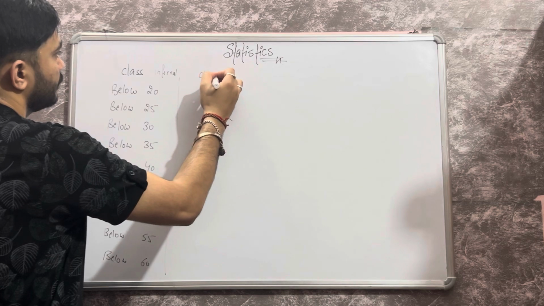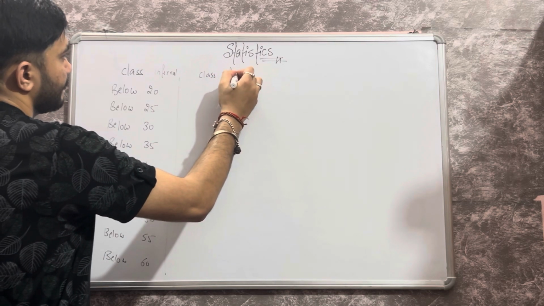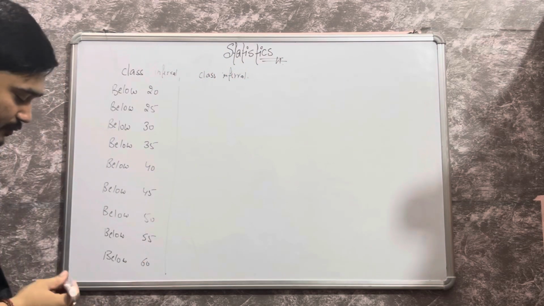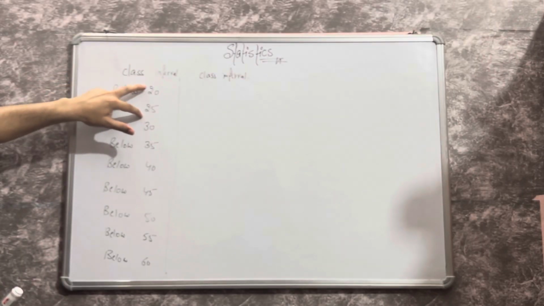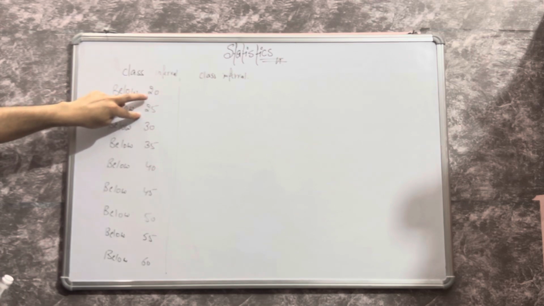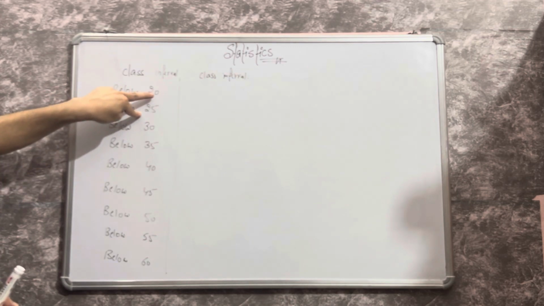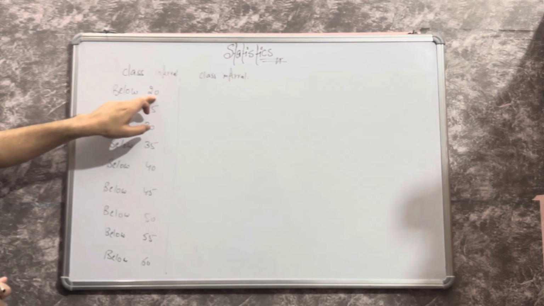How are we going to do so? Take two values of the class interval, that is 20 and 25. What is the difference between these values? That is 5. So subtract 5 from each value, you will get the lower class value, and this will be our upper class value.